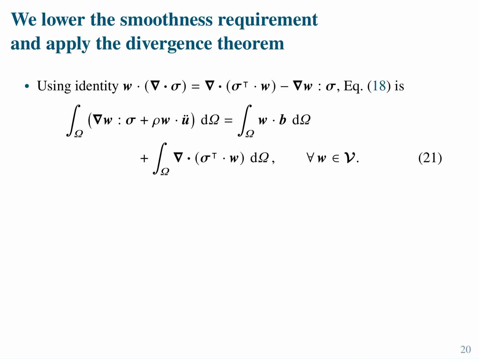Now we are going to use something called the divergence theorem. I'm going to convert this term, that is the divergence of whatever quantity is inside, using the divergence theorem, and transform that integral over the entire body of our mechanics potato into an integral that is only acting on the boundary.